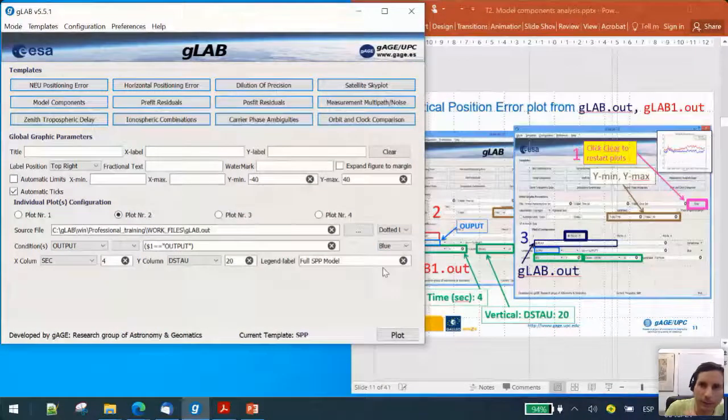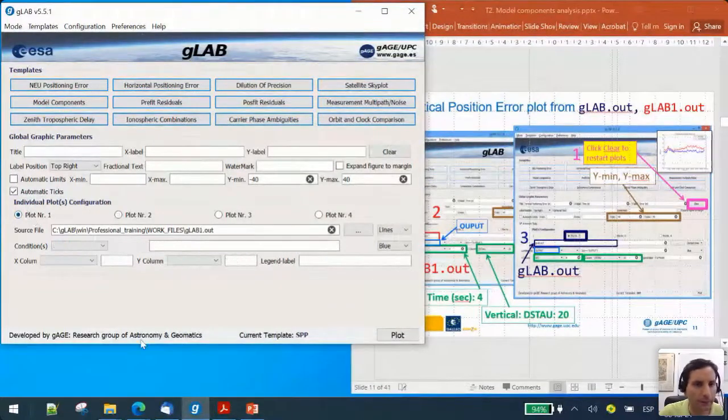At least with this first example, we want to exactly have the same result. Okay, so this is completed. The plot number 2 is completed, and let's configure the same for the plot number 1.